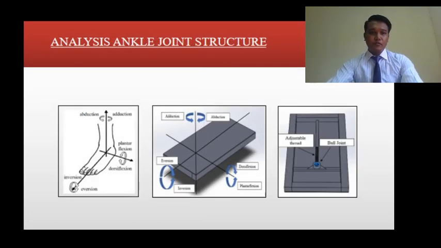So, for analyzing the ankle joint structure: before I build the platform, I have to analyze the foot. In my previous slide I mentioned that each axis has two motions with different angles. After that I made a platform.